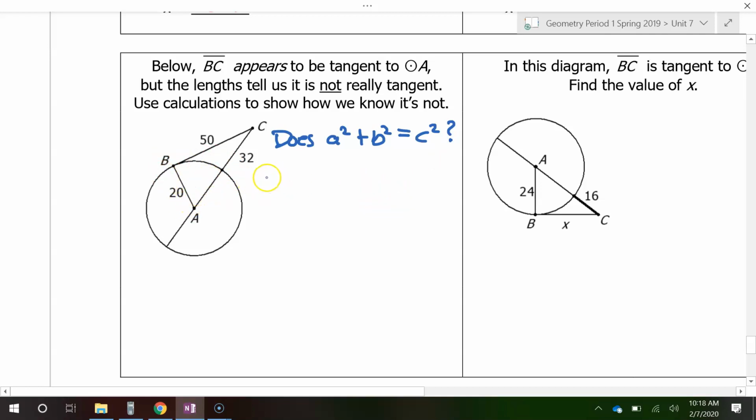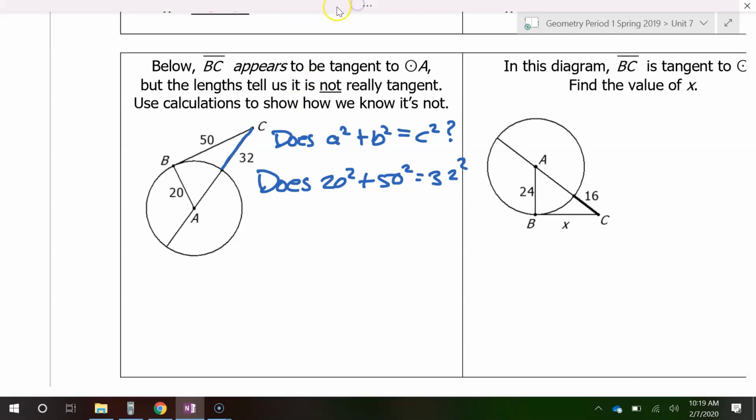Okay? So we'll say, does 20 squared plus 50 squared equal... Okay, so I have to be careful. If I said 32 squared, that would be wrong. Can you tell why 32 is not the right number to use? Okay, the reason why is because 32 is only that part right there.